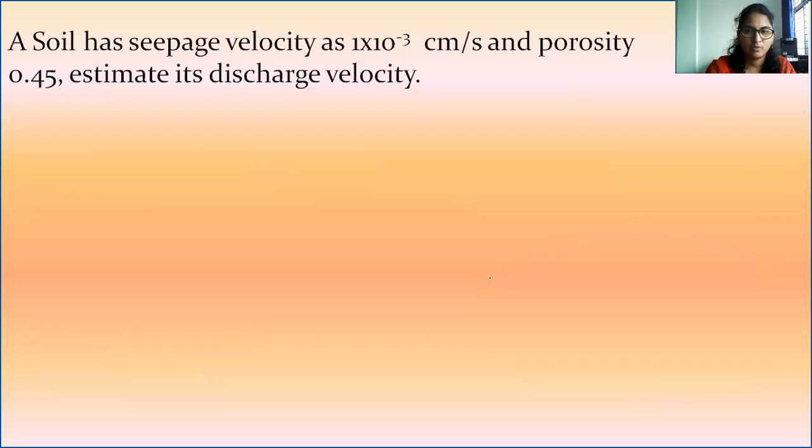Now, before going to any problem, first read the problem very carefully. What data is given, what data is required, and what formula is required for determining that. Here we are asked to estimate the discharge velocity. So what is the equation for discharge velocity?